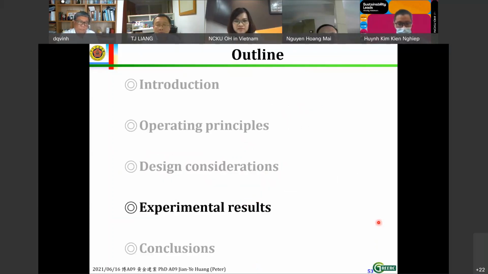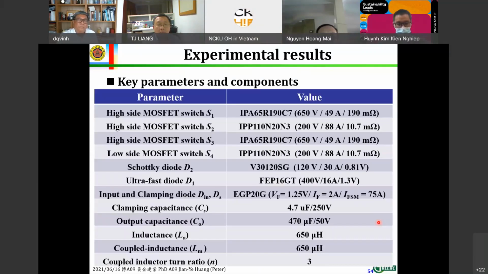Next, I will show the experimental results. This table shows the key parameters and components.